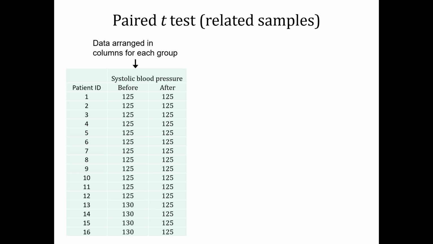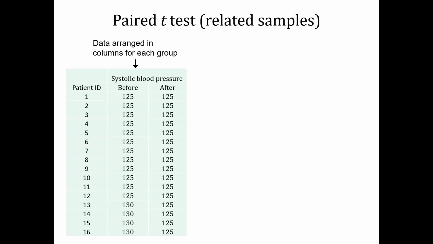We're going to look at an example where we compare blood pressure readings among a set of patients before and after taking medication. A lower number is a better outcome for the patient. Again, this is what the data need to look like for Excel. Each set of readings is in a separate column. But unlike the previous test, the data in each row come from the same patient.